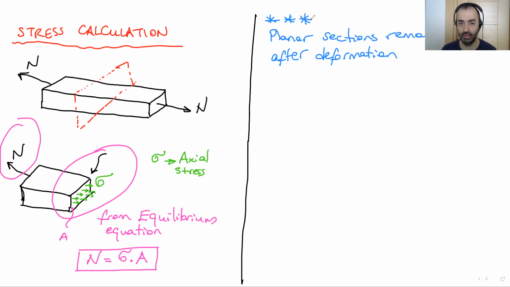Why is this important for us? If we have a planar section, after the deformation it remains planar. That means our stress distribution will be uniform. This is important to make our calculations. If the stress distribution is uniform, we can write this equation easily because we know that the stress is everywhere and the magnitude is the same.